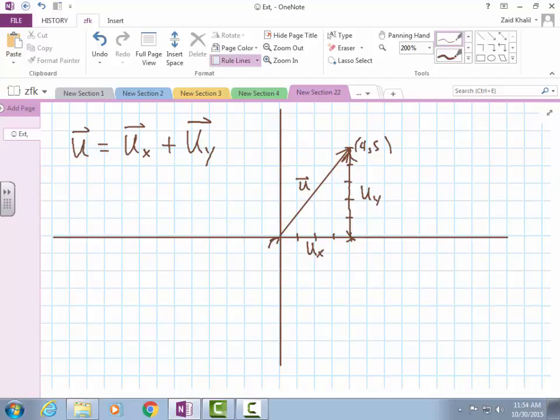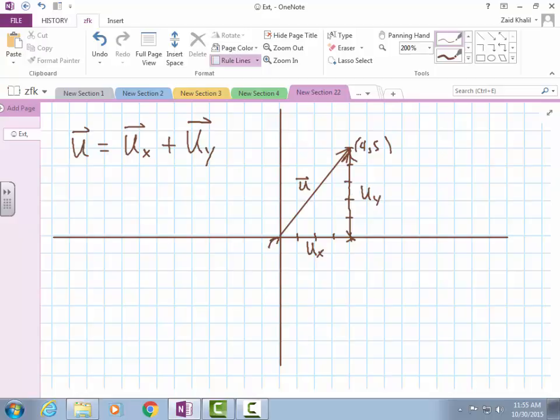Why? Because I can take any combination, any multiple of those two vectors, and match any vector along here. For instance, if you take this vector and multiply it by -1, what do you get? You get that vector. You multiply it by -2, you get something twice as long. All right? So the question I have is, what about these two vectors? Can those two vectors describe two-dimensional space?